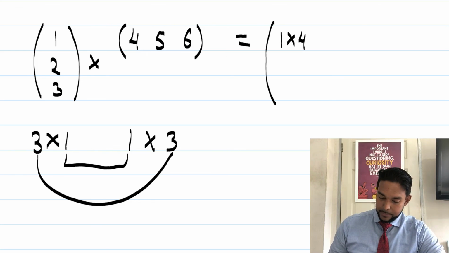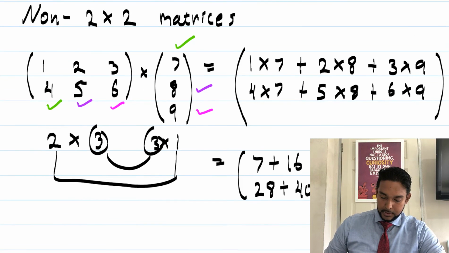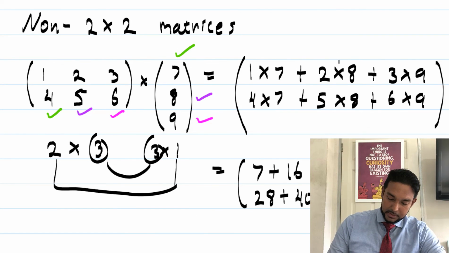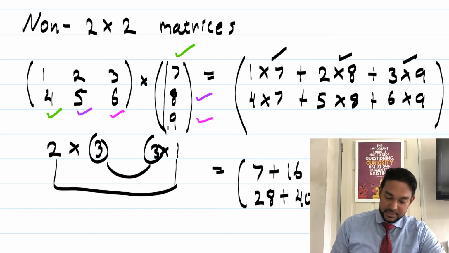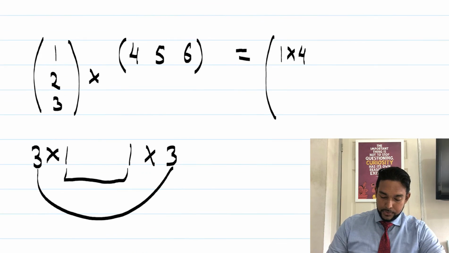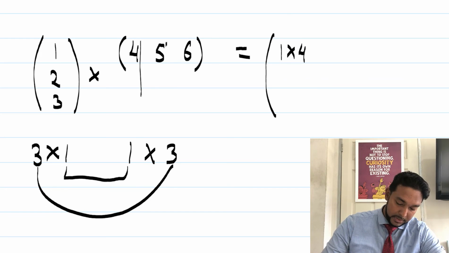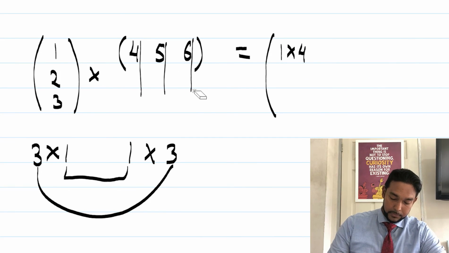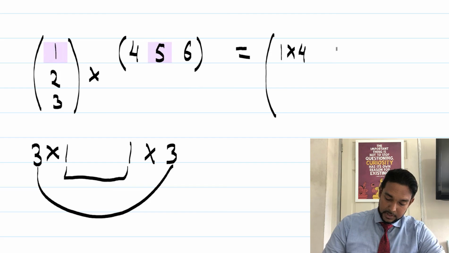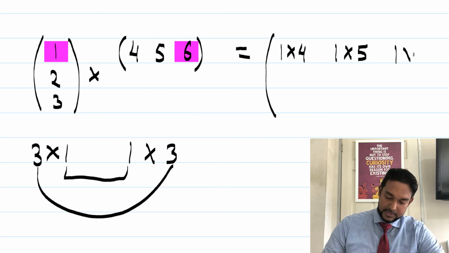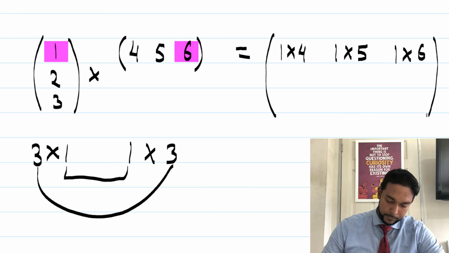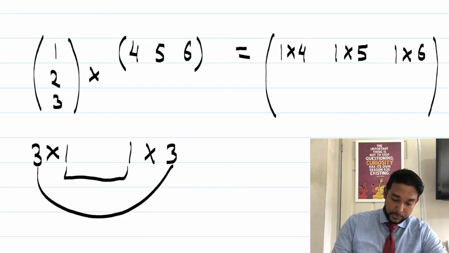Remember, in the previous examples, even this one up here, we added the 2 by 8 and the 3 by 9 to the 1 by 7 because 7, 8, and 9 were in the same column. With this matrix down here, there's only one element in each column. So that means that the 1 by 5 will take the place in the middle, and then the 1 by 6 will go to the third column. And then we're just going to repeat with the next two numbers.